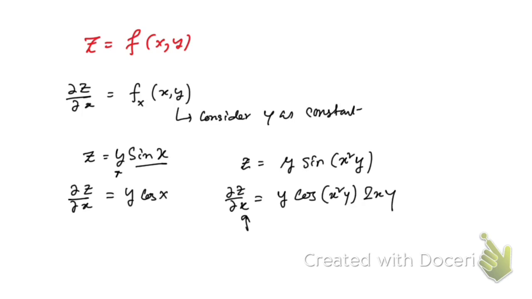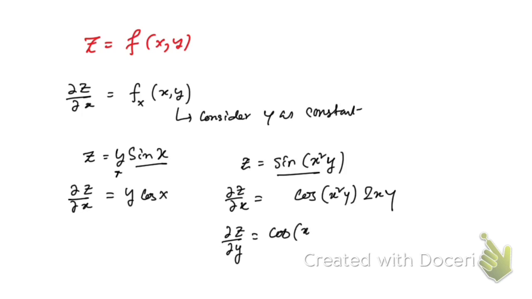You get 2xy. Now let me take this function only, sine of x square y, and differentiate it with respect to y. Again the derivative of sine is cos, so we get cos of x square y. Since we are differentiating partially with respect to y, as it is a function of function, we differentiate the function within the bracket again.